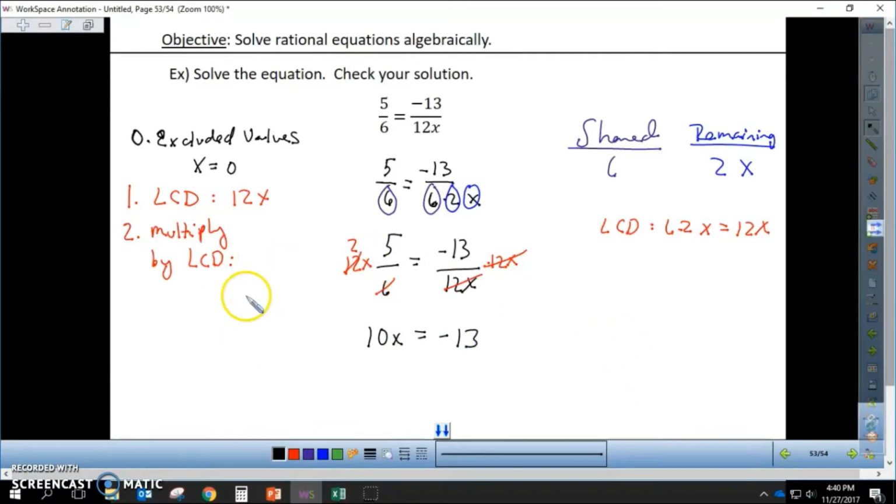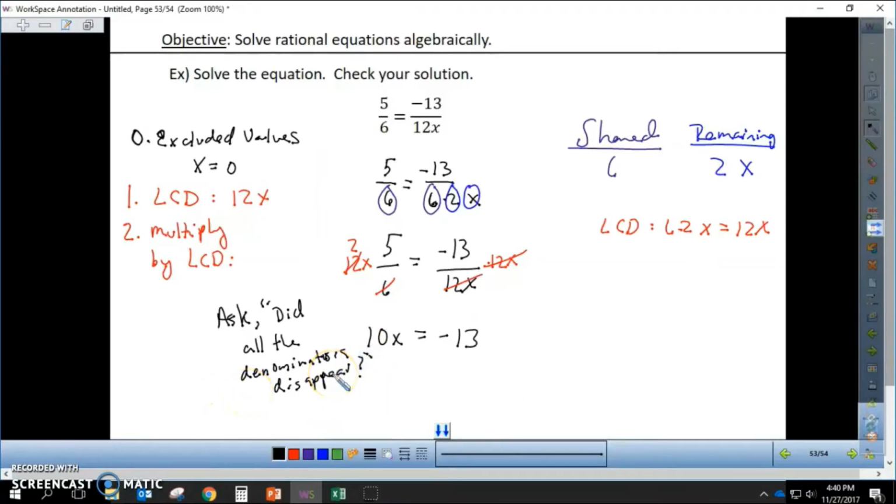Now, you should ask yourself here, did all the denominators disappear? If the answer is yes, you did your job right.